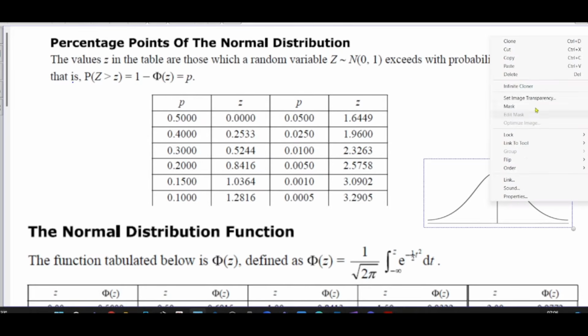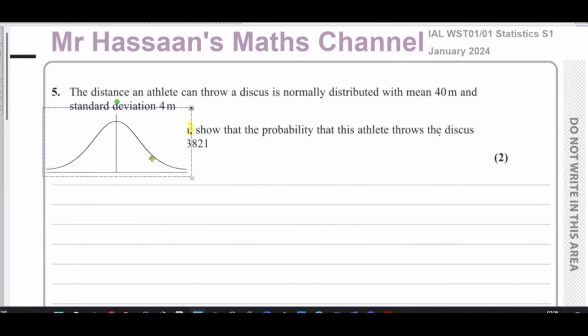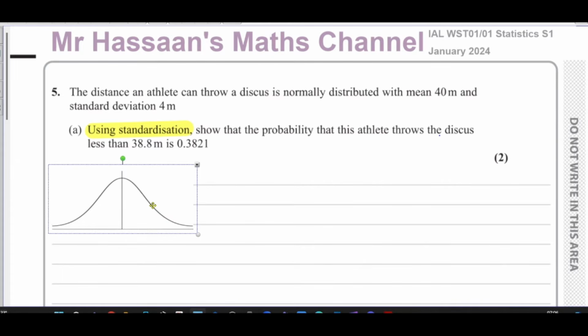So we're going to take these values and standardize them. When I say the mean is 0 and the standard deviation is 1, it means we're going to find out how many standard deviations above or below the mean this particular amount is.